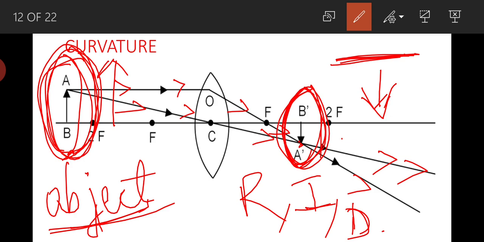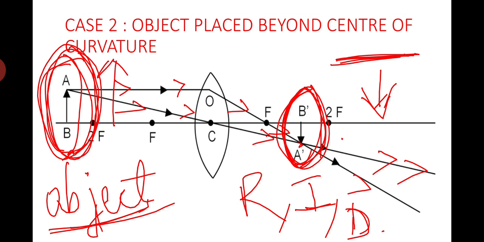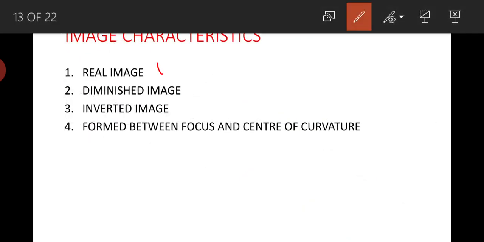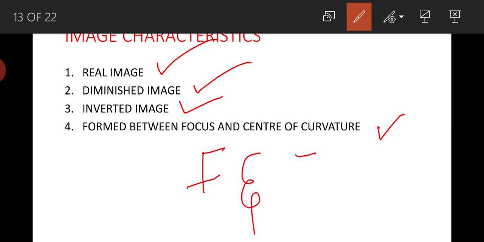It means image is formed between focus and center of curvature. So image characteristics are: image formed is real, it is diminished, and it is inverted, and it is formed between focus and center of curvature, that is f and 2f.